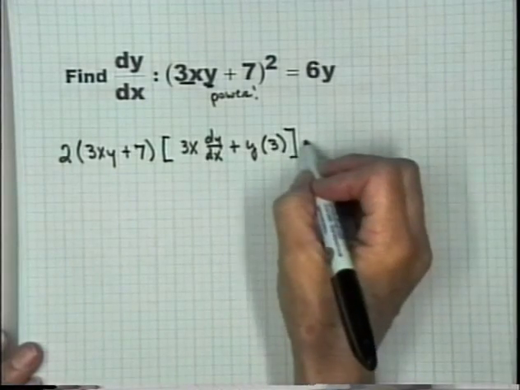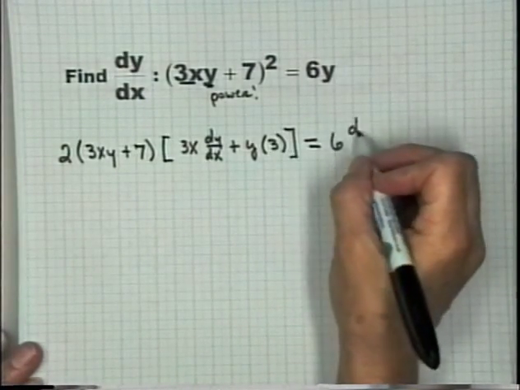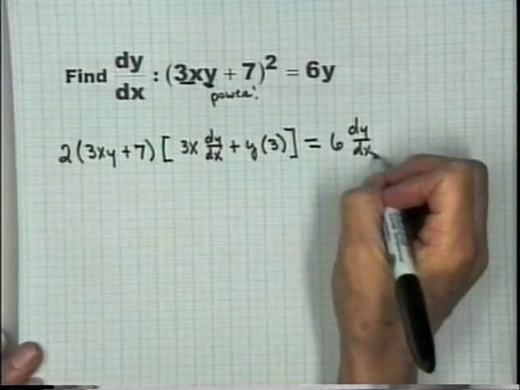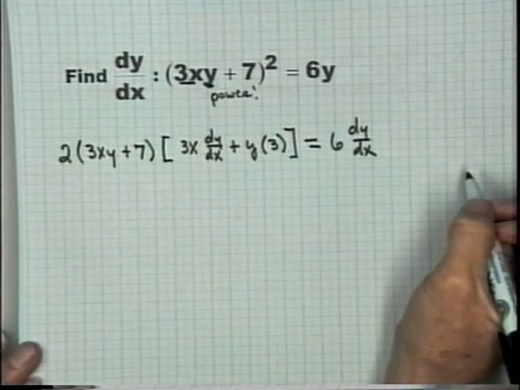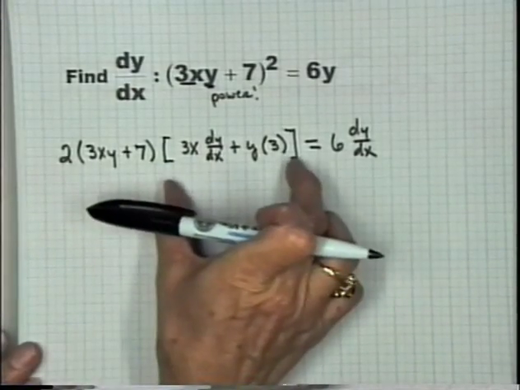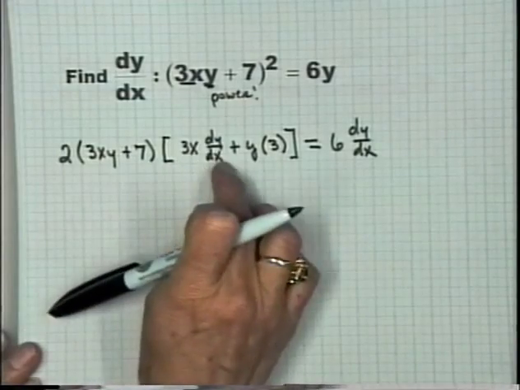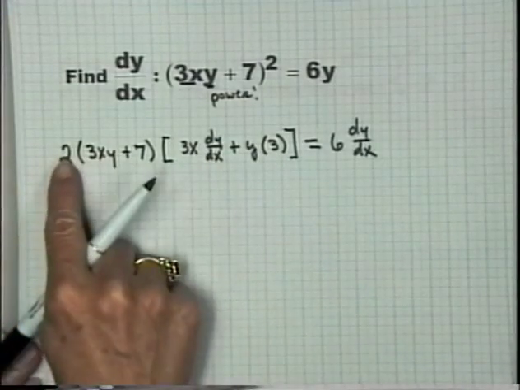Okay, equals. Now on this side we've got 6 times the derivative of y is dy/dx. Okay? Alright, now notice all of this is times the stuff in brackets. So 2 times 3xy plus 7 times 3x is all times dy/dx.